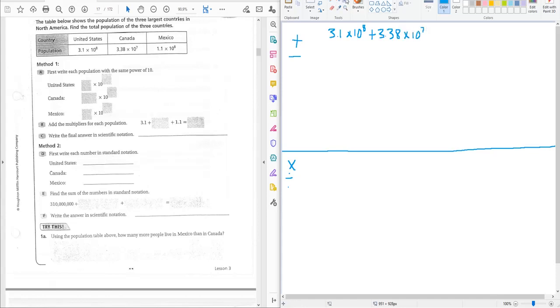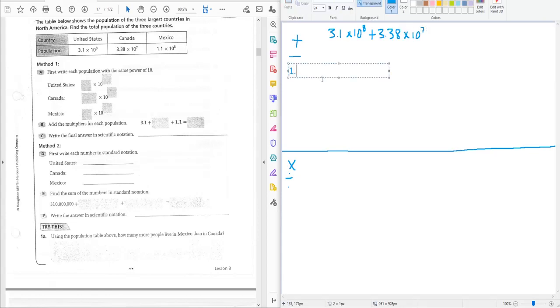Okay, so let's go over the steps. Step 1: make sure the power of 10, the exponent on 10, is the same.